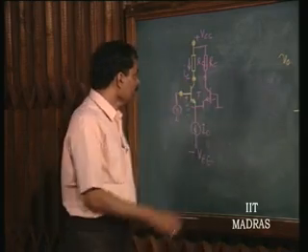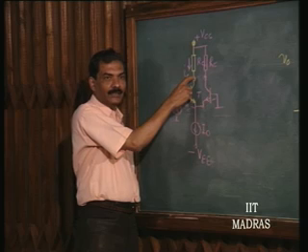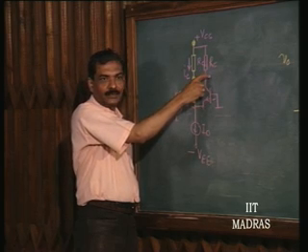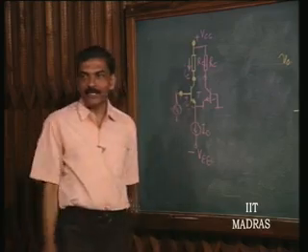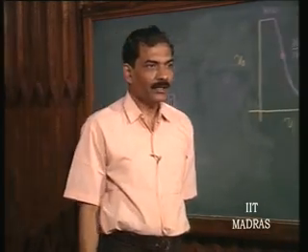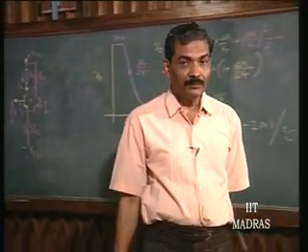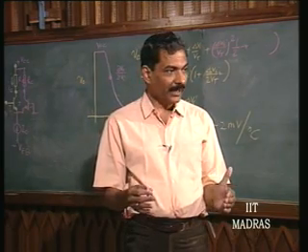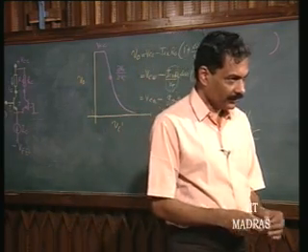Therefore, if this is minus gm Rc, this will be plus gm Rc here. And the gm in this case is how much? 1 over 2 Re, not 1 over Re, because the input voltage is divided between two diodes.